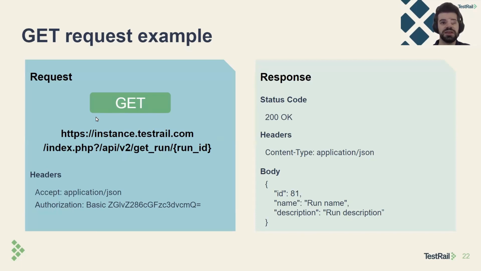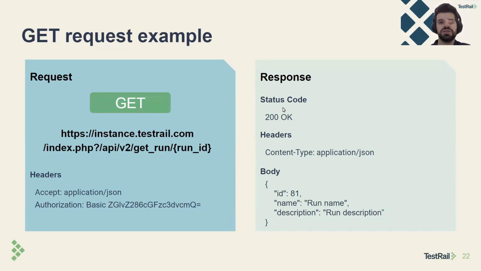So this would be a get to a run. We are trying to use the get run endpoint here. We need to add the run ID to the path. And we send in the headers the accept application/JSON, the type of data we want to accept, and also our authorization, because like I mentioned, you always need to authenticate.